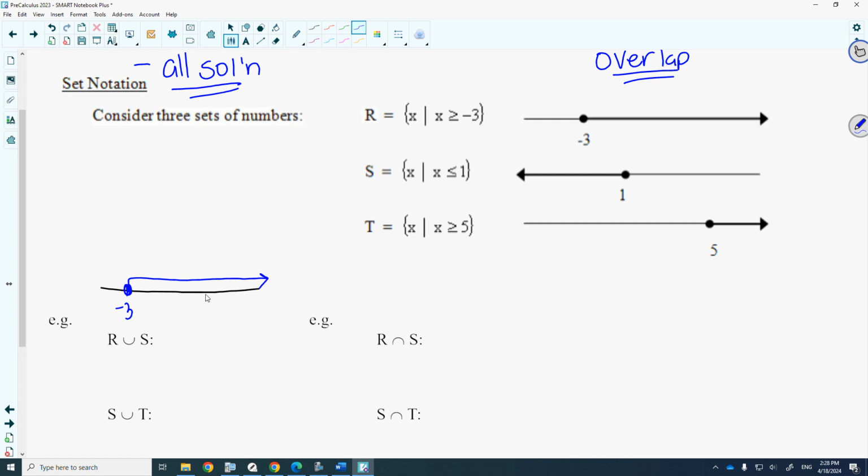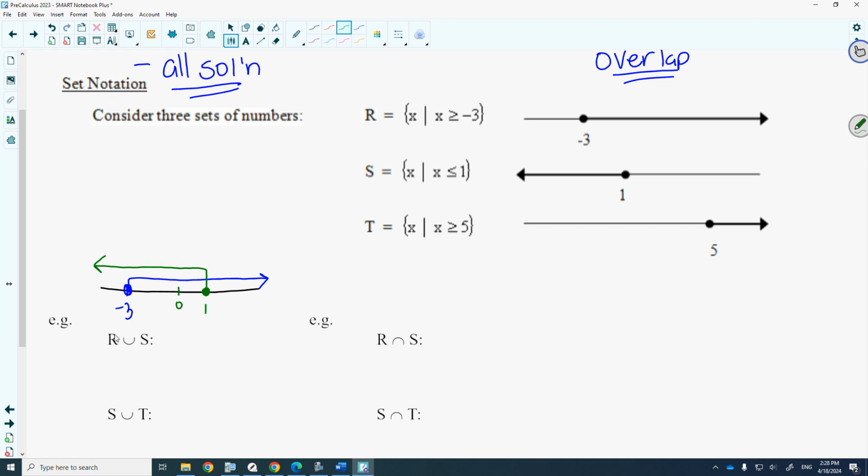That would be R. S is going to go on the same number line, and S is less than or equal to 1. So here would be 0 on my number line, and here would be 1. It is less than or equal to 1, so 1 is included, and it would go less than 1.